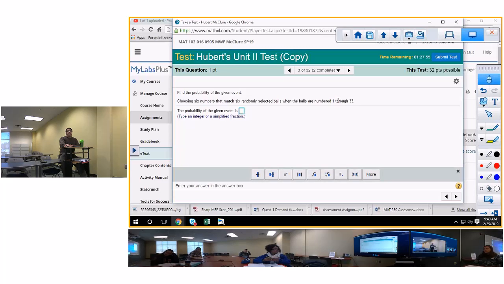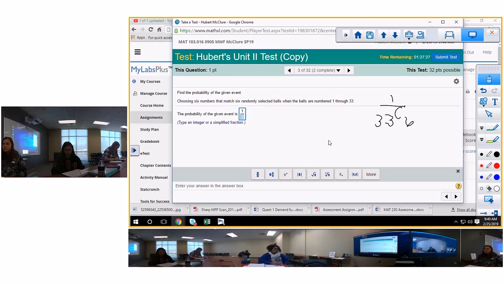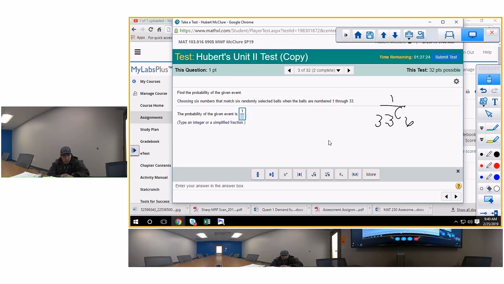Somebody do it, or I'll write it for you. It'll be 1 over what? 33. Combination what? 6. And I'll put 1 because it says type as a fraction. So that's 1 divided by what? 33 combination 6.